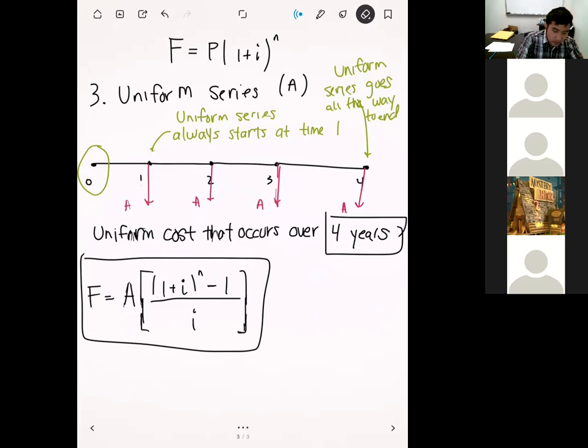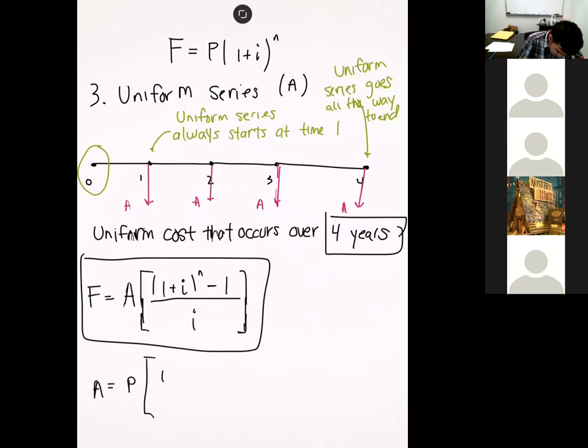The analogous equation that converts between a present sum and a uniform series is given by the following. We have A is equal to P times the quantity i times (1 plus i) to the n, divided by (1 plus i) to the n minus 1.